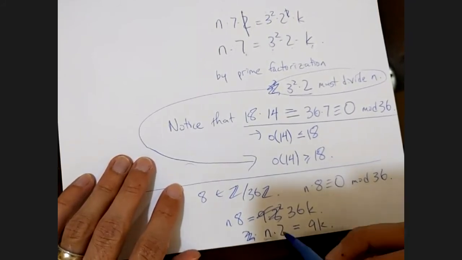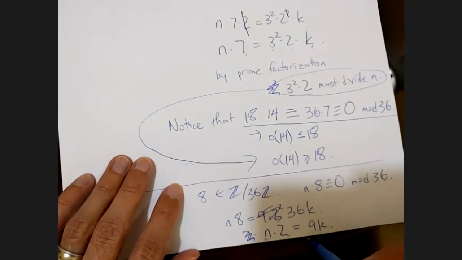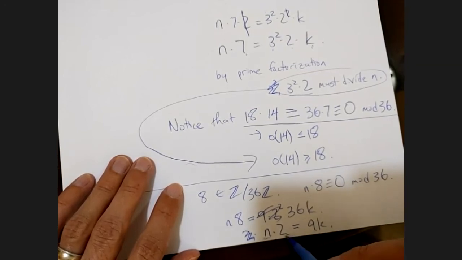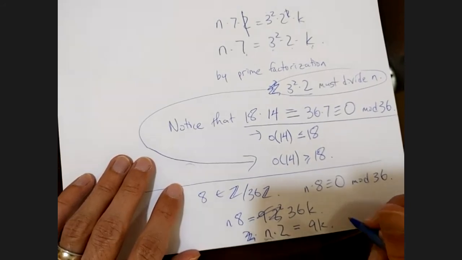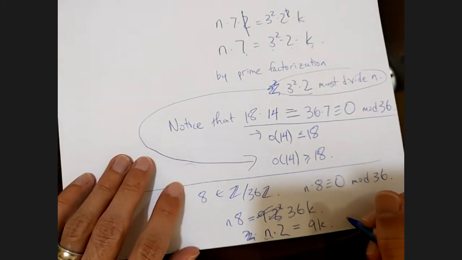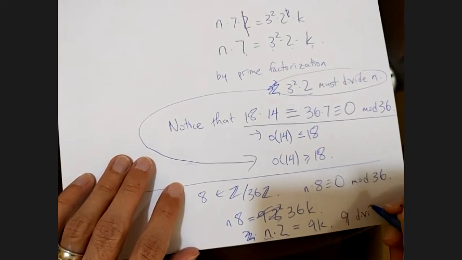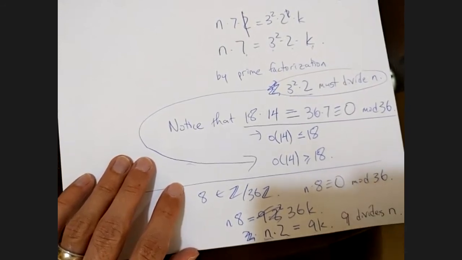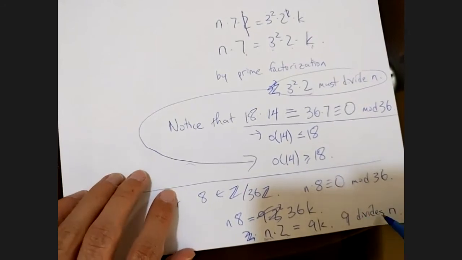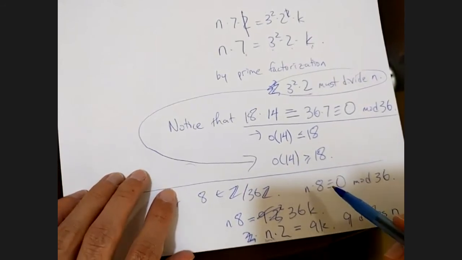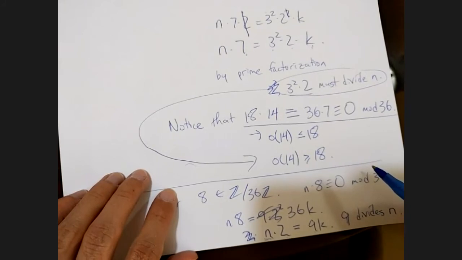And since we've canceled all the common factors on both sides, since 9 doesn't occur in the factorization of 2, it has to occur in the factorization of n. So that means 9 divides n. Okay, now if you check, 9 times 8 is 72, which is a multiple of 36.